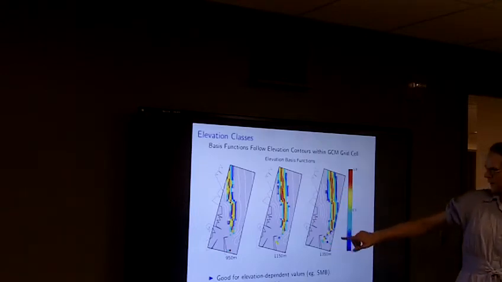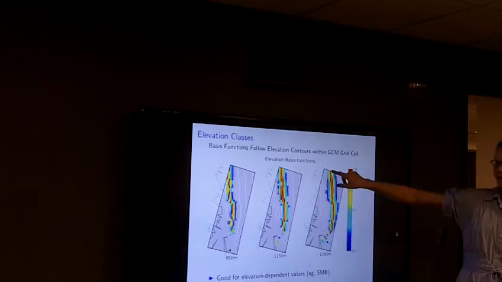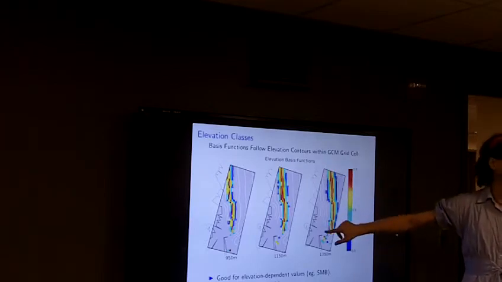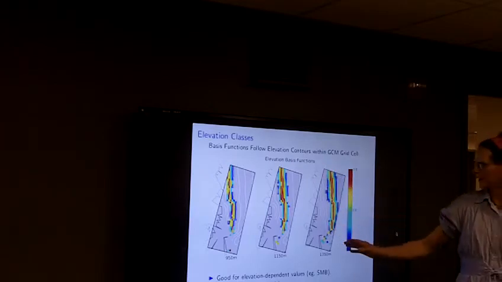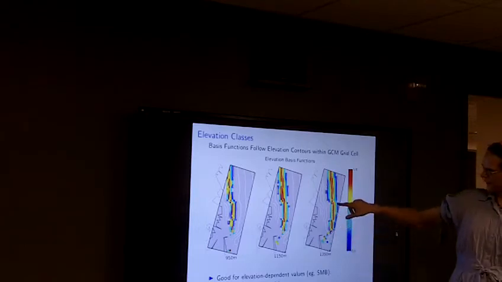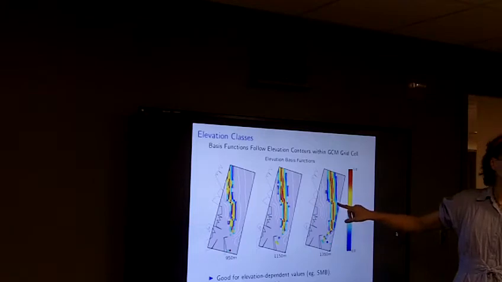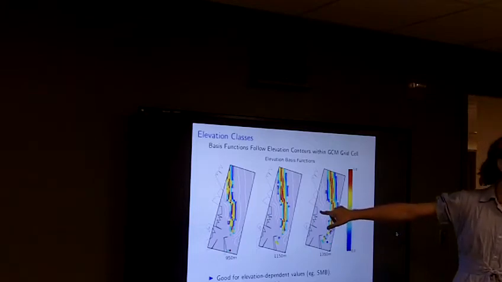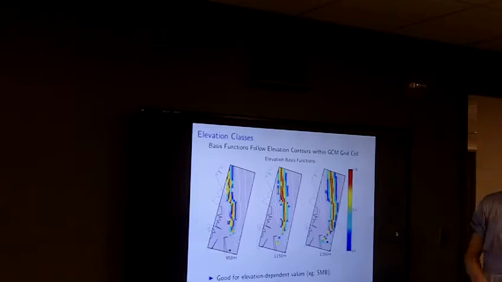Surface mass balance, you expect the surface mass balance here and there will be about the same. They're not very far apart. They're both within one grid cell. But we expect surface mass balance up here near the top of the ice sheet is going to be very different from surface mass balance down there where it's raining. All within one grid cell.